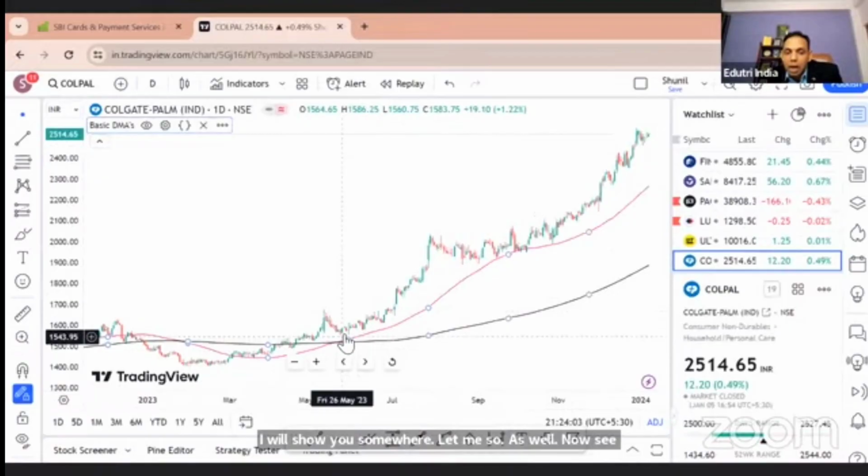The second case is that if we consider two consecutive DMAs in the chart, for example, 5 DMA and 20 DMA, 20 DMA and 50 DMA, 50 DMA and 200 DMA, and the short term DMA cuts the long term DMA and goes above it, then this is also an entering point for the trend investor.